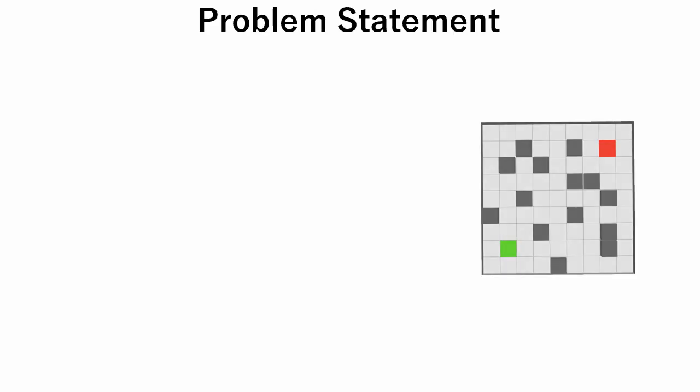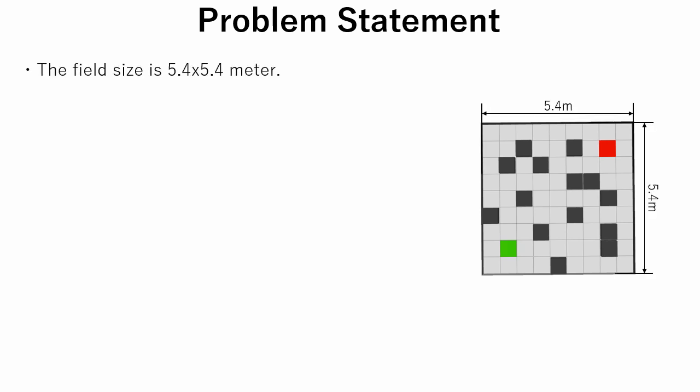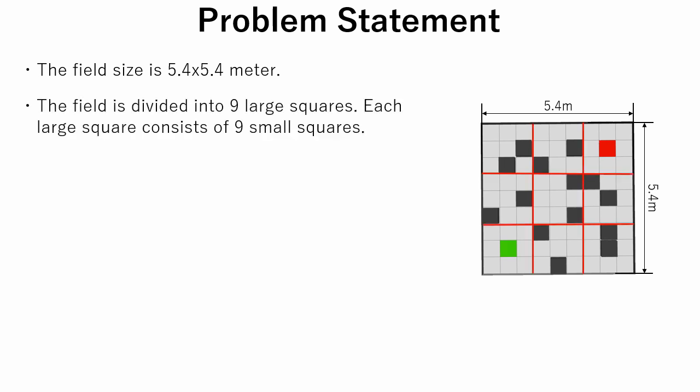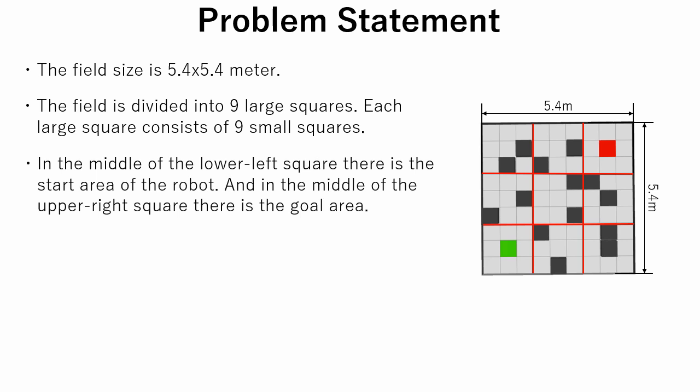Now let's see the definition of our problem. We have a field of size 5.4 by 5.4 meters on which the robot will move. The field is divided into 9 large squares. Each large square consists of 9 small squares. In the middle of the lower left square, there is the start area of the robot.